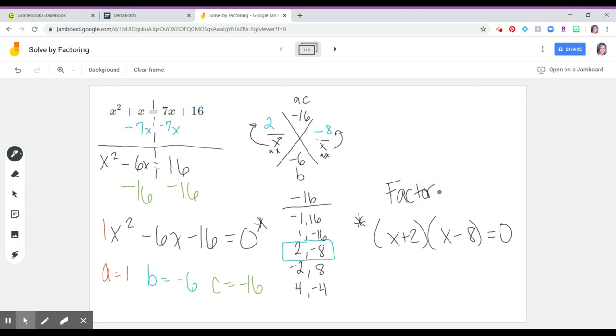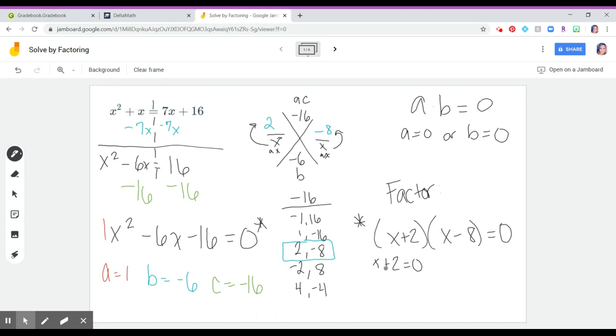Once you factor, you set each of these parentheses equal to 0, because we know anything times something equaling 0, one of those somethings has to be 0, right? The rule is the zero product property: A times B equaling 0, and we know that either A has to equal 0 or B has to equal 0.